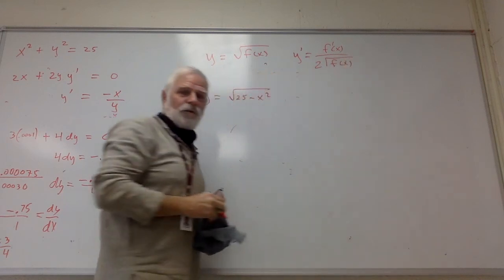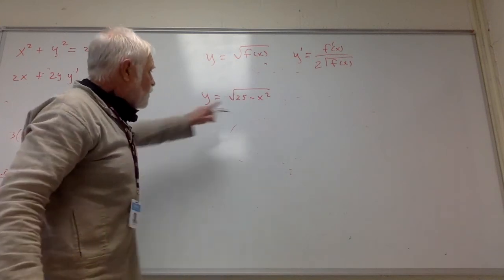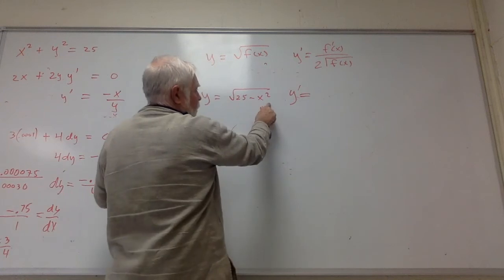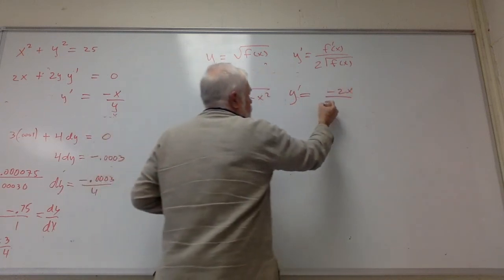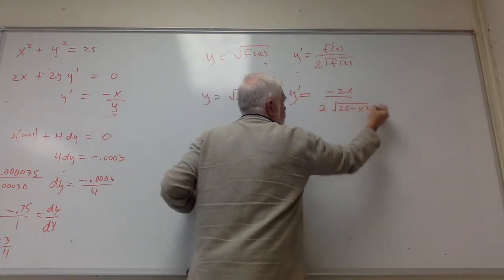That's the memorization form you should use for taking a derivative of a square root. So what is y prime? It's the derivative of what's inside, which is minus 2x, over 2 times the square root of 25 minus x squared.